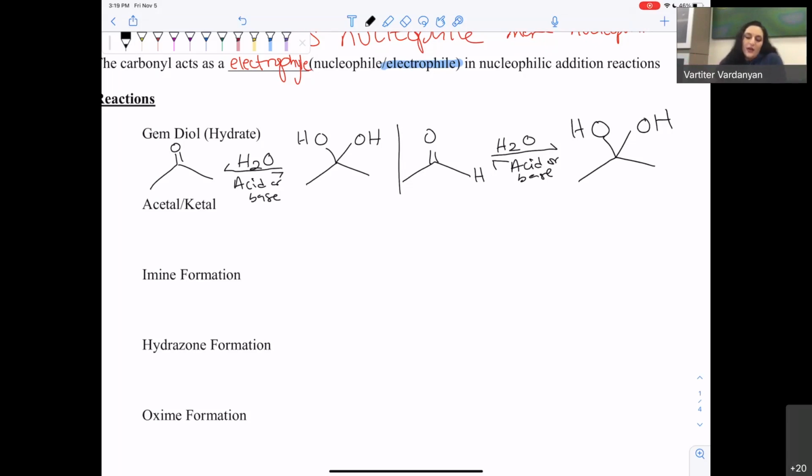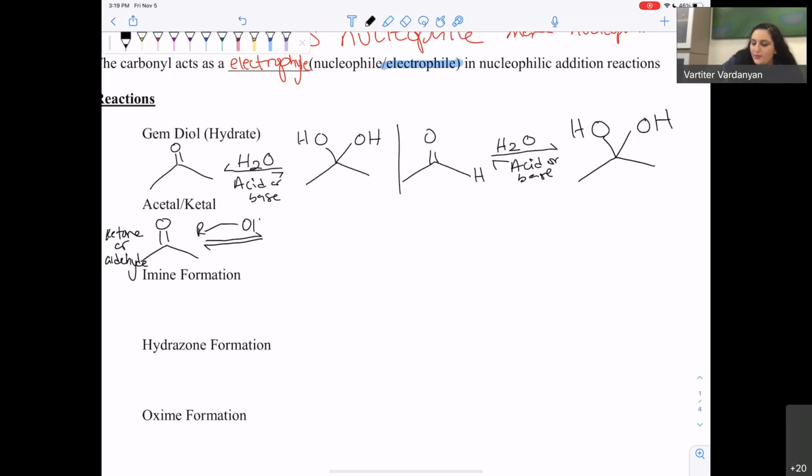Alrighty, so now gem-diol versus acetal/ketal. They're kind of similar, except in the acetal/ketal reaction, we're going to have a ketone or aldehyde, and that ketone or aldehyde is going to react with an alcohol.